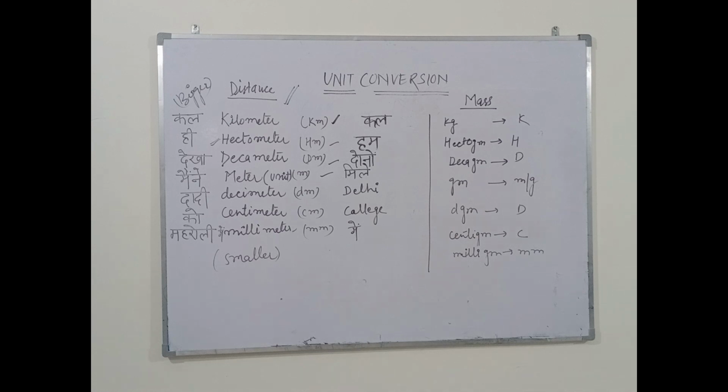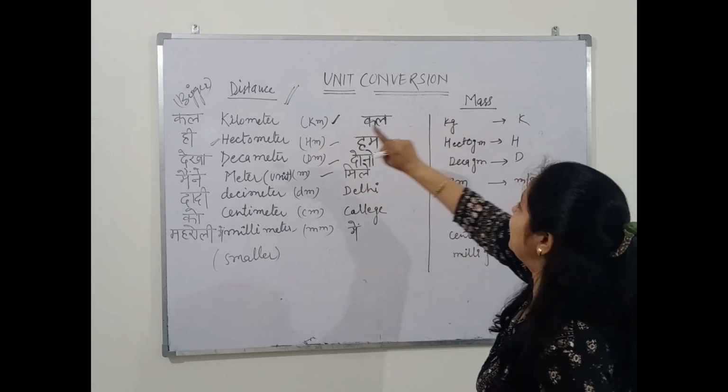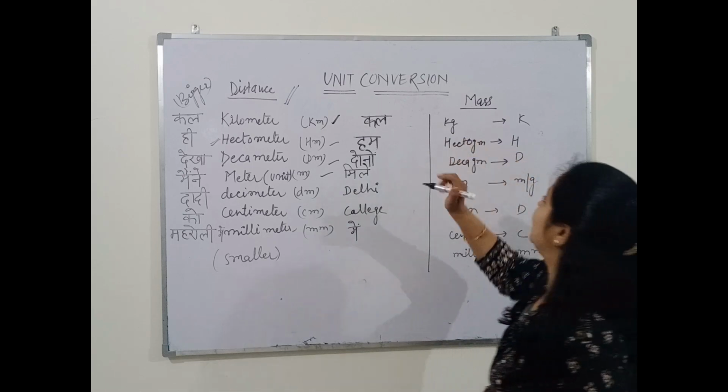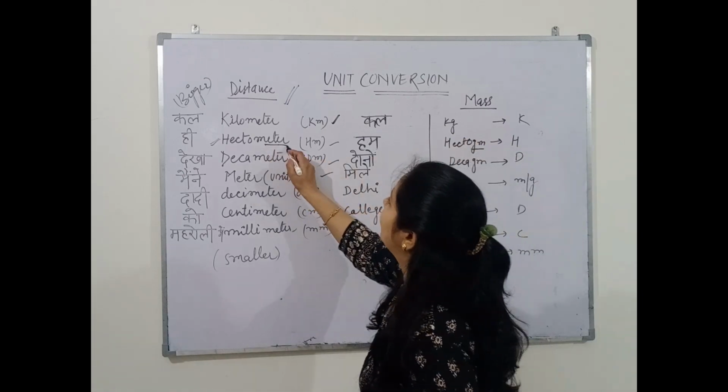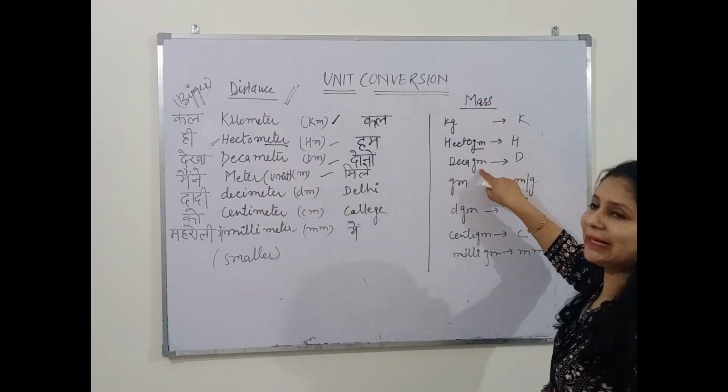In respect of mass, there is a unit in respect of distance and in respect of mass. We'll do the same steps according to the distance. Kilometer is kilogram. Hectometer, hectogram. See this one: the distance unit meter, then the mass unit gram.